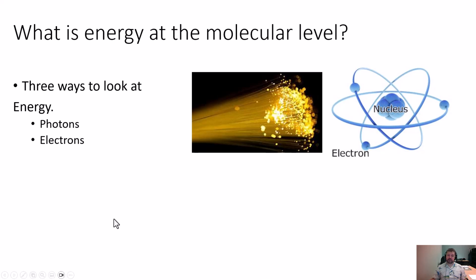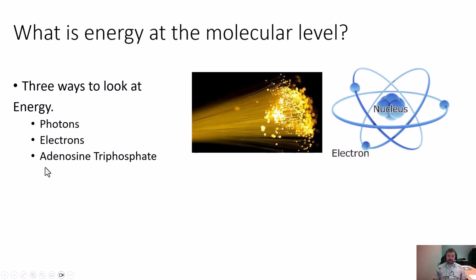And then the last way to look at energy is more from an organismal perspective, from things that are alive, and the energy that living organisms utilize. To tell you the truth, it involves both of these a great deal.